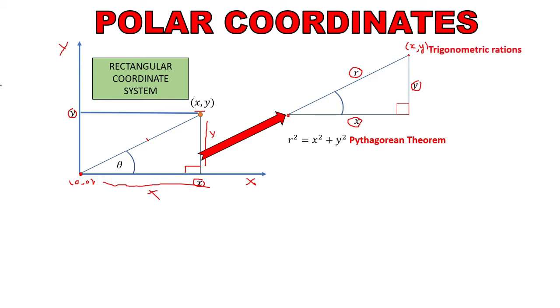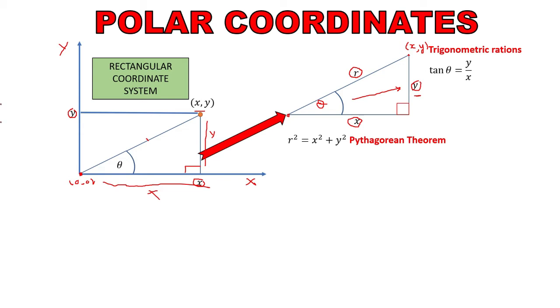But using the trigonometric ratios, according to this angle theta, the tangent is the opposite side divided by the adjacent side.